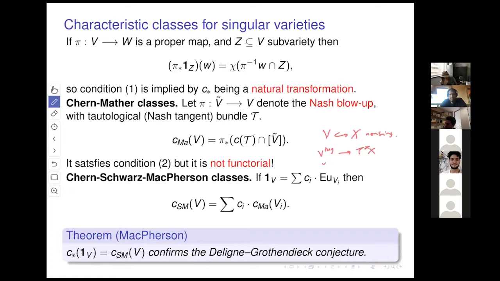You take a point in V and you map it to the tangent space. And then you take the closure of the image, and that maps down via the projection to X, mapping birationally to V. So this is the Nash blowup. Sorry, not the tangent bundle, but you look at the Grassmann bundle.